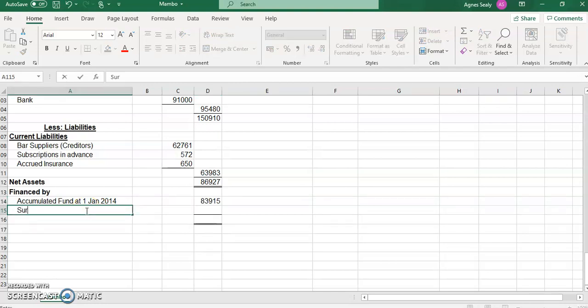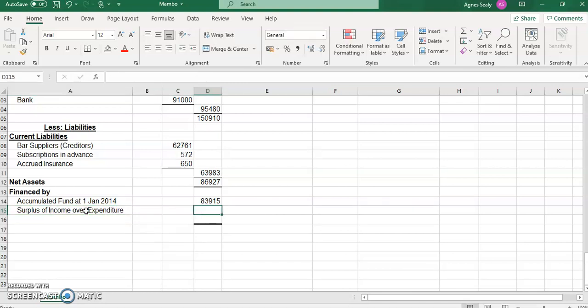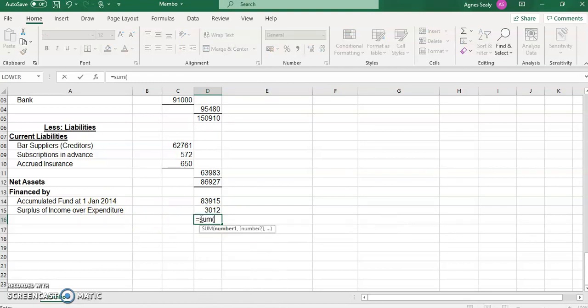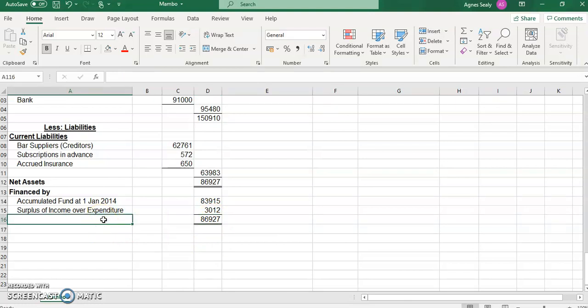And our surplus, you do not say net profit, surplus of income over expenditure. And that was $3,012. So when we add those two figures together, $86,927 is our accumulated fund at 31st of December 2014.